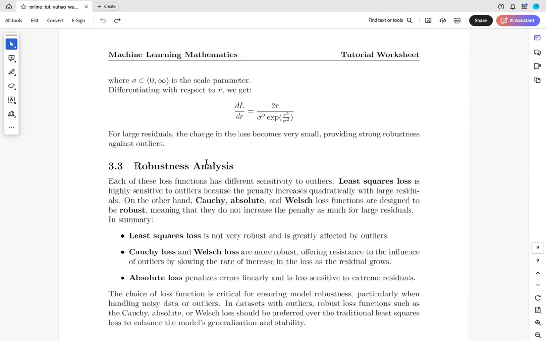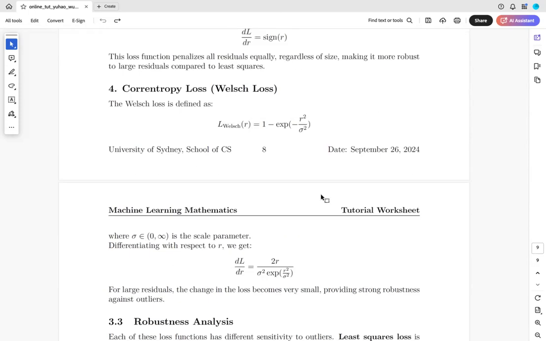When we increase the residual r, the robustness decreases? No, we cannot say the robustness is decreased, because robustness is just a characteristic. We can say the robustness is good or bad.